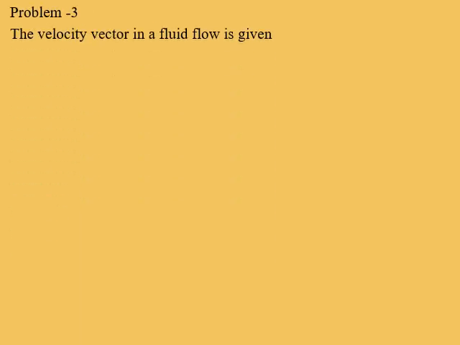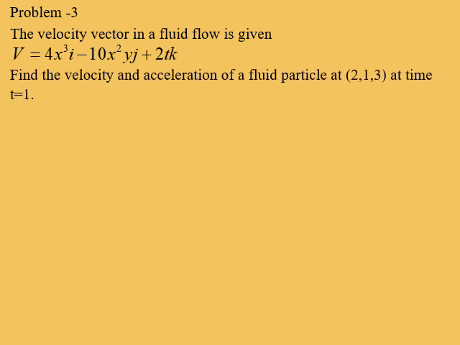So numerical number 3: the velocity vector in a fluid flow is given. That is given as V equals 4x cube i minus 10x square y j plus 2t k. Find the velocity and acceleration of the fluid particle at 2, 1, 3 at time t equals 1.